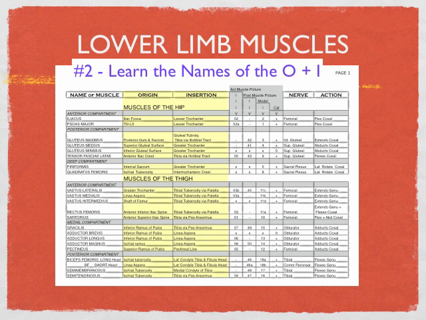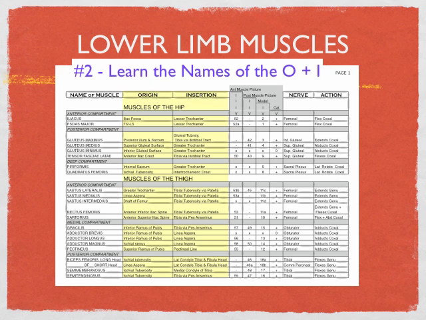So, having learned the bones already really sets you up to do well here. And let me show you how having learned the muscles sets you up to do well, and that it's not going to be as hard as you might think to learn these origins and insertions.